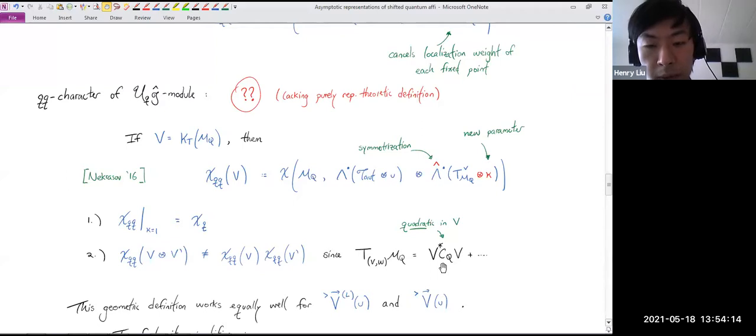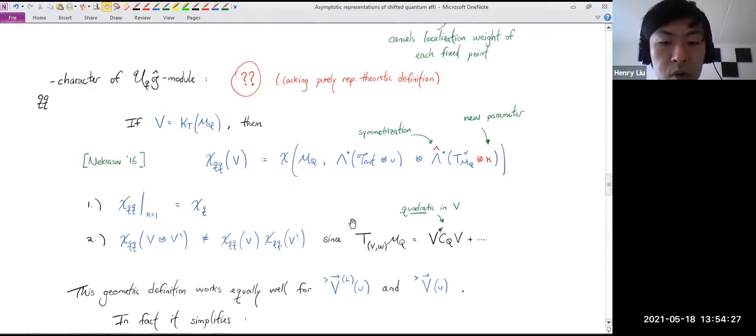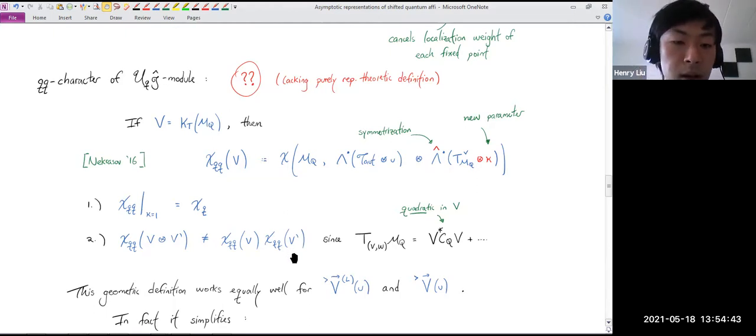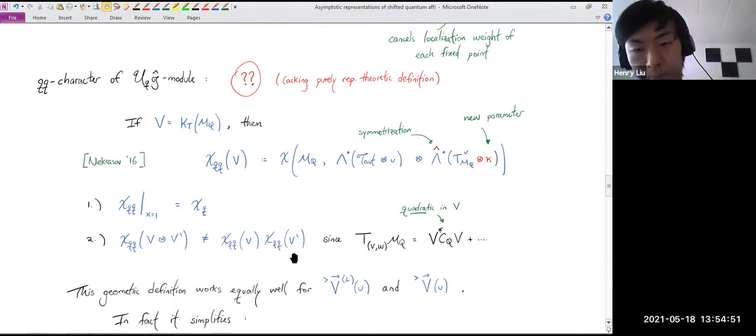It's like the quiver representation paired with itself for a certain pairing, which will depend on Q plus maybe more terms. And being quadratic will create certain cross terms when you take the tensor product. And so the QQ character of V tensor V prime is not the same as the QQ character of V times the QQ character of V prime. There will be additional cross terms. Maybe those cross terms can be described representation theoretically. I don't know.